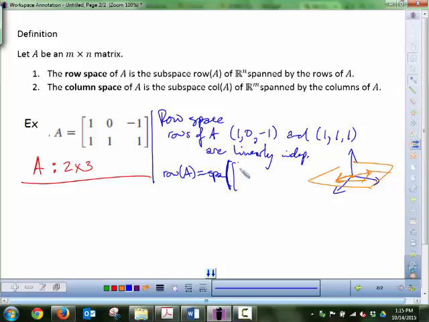And I'm going to switch over to a vertical vector so I can save some space. So the span of this is a 2-dimensional plane in R3.